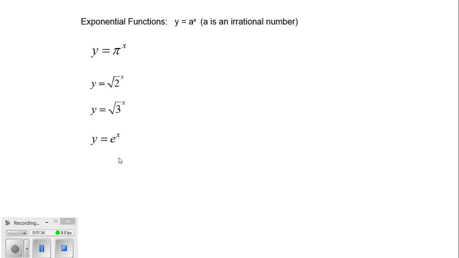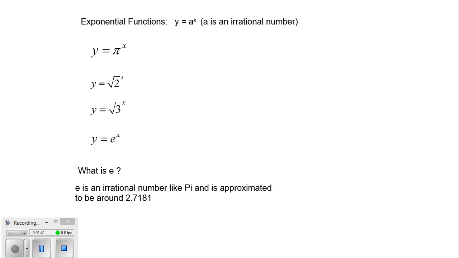And now we look at this e to the x graph, and go ahead and let your calculator look at it, and you're going to ask, well, what is e? What is the number e? Well, the number e is what we call the Euler number, and it came about by its inventor, if you will, Leonhard Euler, somewhere in the 16th or 17th century, I guess.